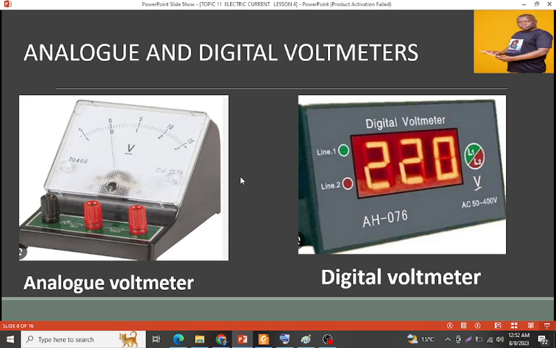But if there is a question to do with measuring electrical quantities, I shall recommend this type of analog voltmeter, so that you should practice how to use it and how to connect it in a circuit, as we shall see shortly in this lesson. How you connect this, you need to master that. In very rare circumstances shall you be accorded an opportunity to use this type of voltmeter. So this is called analog. This is a digital one.